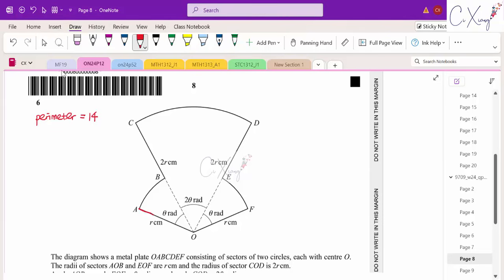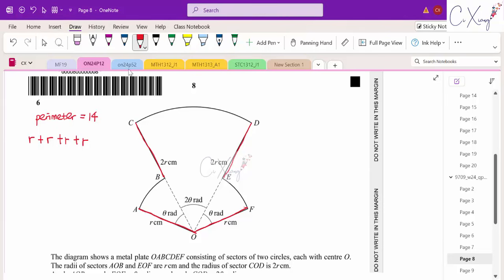Start from AO: the length AO is R. The same goes for OF, which is also R. How about C and B? From C to O is 2R and from B to O is R, therefore from C to B it is 2R minus R, which is R. And from D to E is also 2R minus R, which gives R.